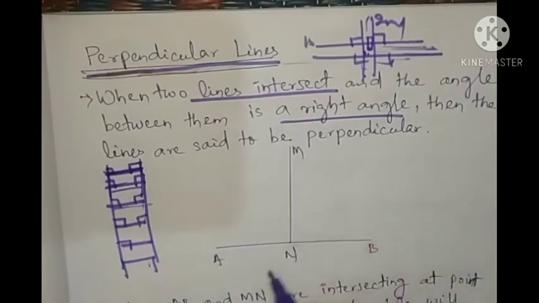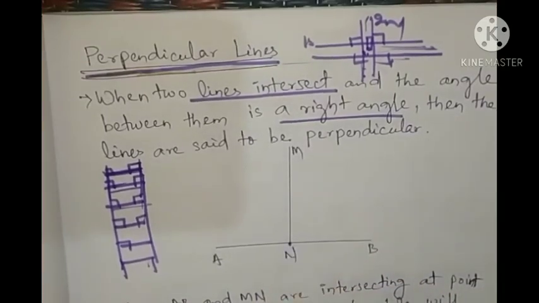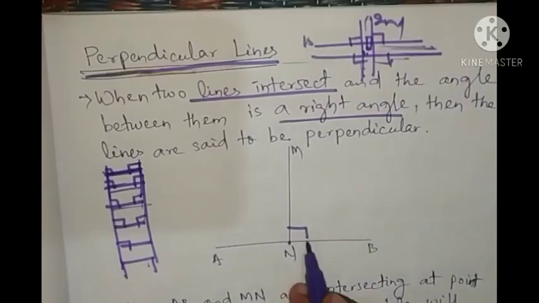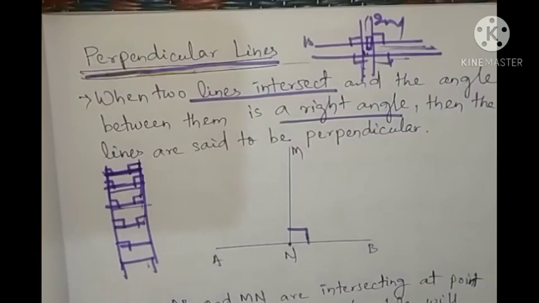Here look, MN and AB. Here AB and MN are intersecting at a point, that is N, and form a right angle. Here it is forming a right angle. We can measure, and you can find out that this is a right angle. How will we write it?